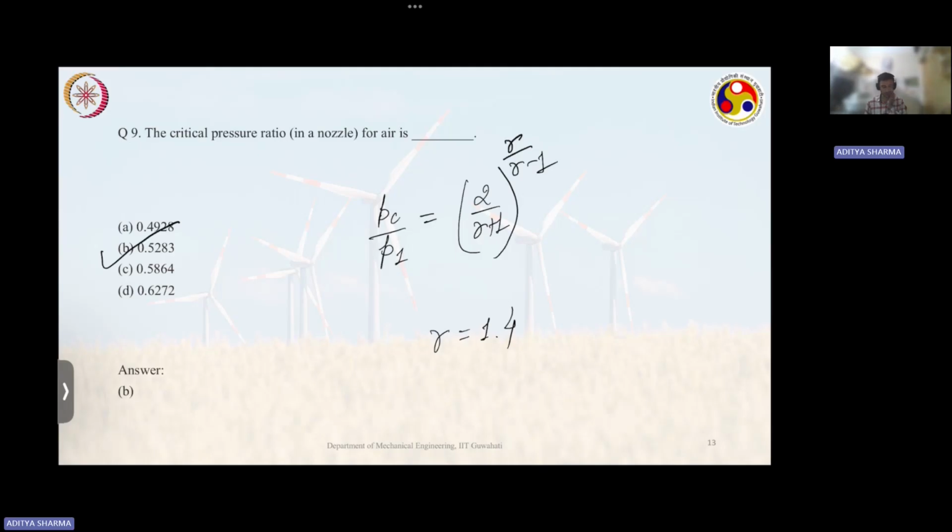If you see your options, option D is the correct option. So this was your question number 9.